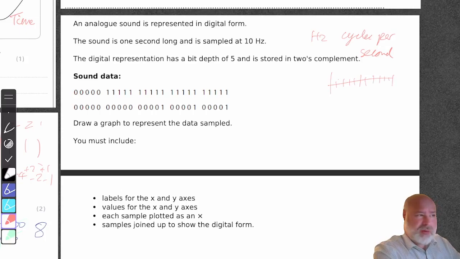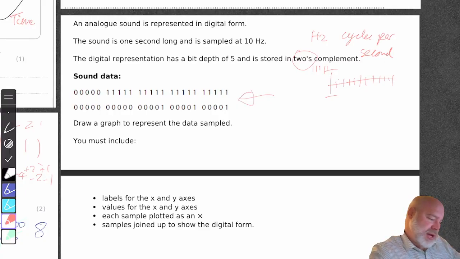So that's going to help us already. The digital representation has a bit depth of 5. Okay, so the bit depth is literally 5 bits, and it's also stored in 2's complement. So this is the sound data here. Draw a graph to represent the data sampled.